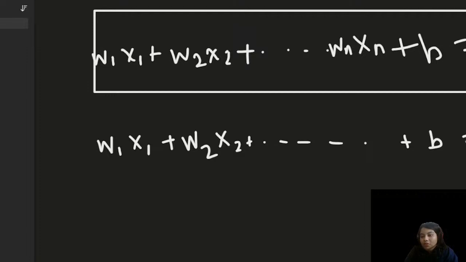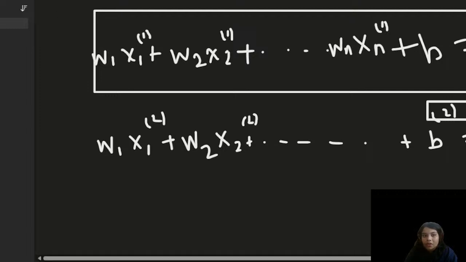What we would do is simply add a superscript 1 here, so that we can identify which data set we are working with. But we won't put a superscript on the bias, because the bias value would be the same for everybody. In the case of the output, there would be the superscript.